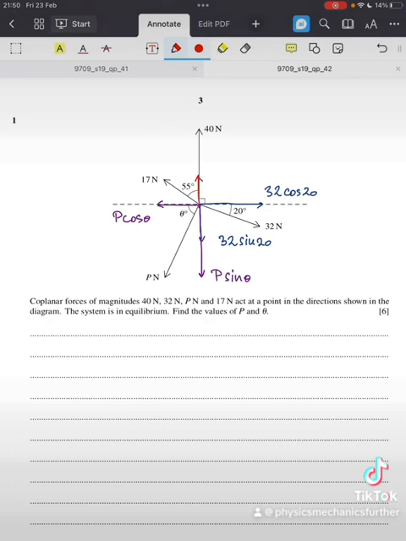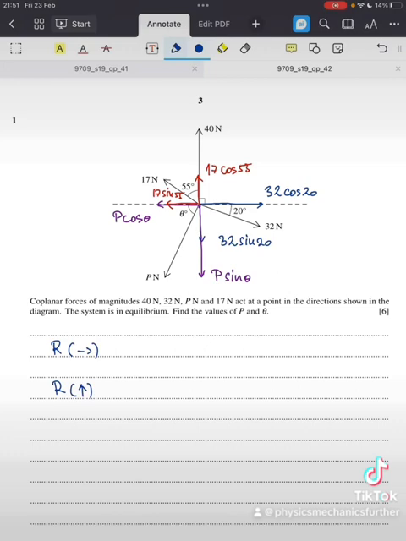The vertical component over here is 17 cos 55, and the horizontal, right here, is gonna be 17 sin 55. Once this step is done, this is the first step and the most important step, now it is to resolve the forces horizontally and then resolve the forces vertically.